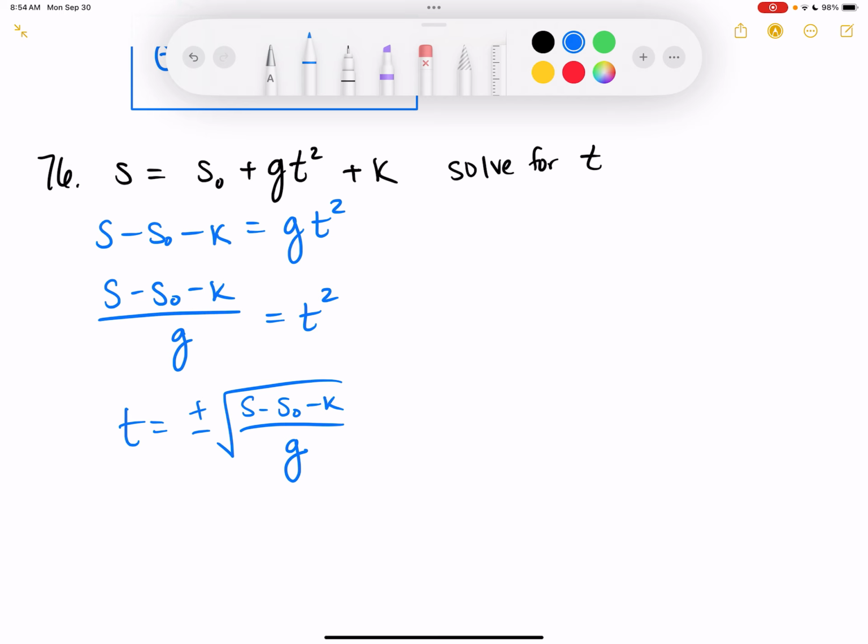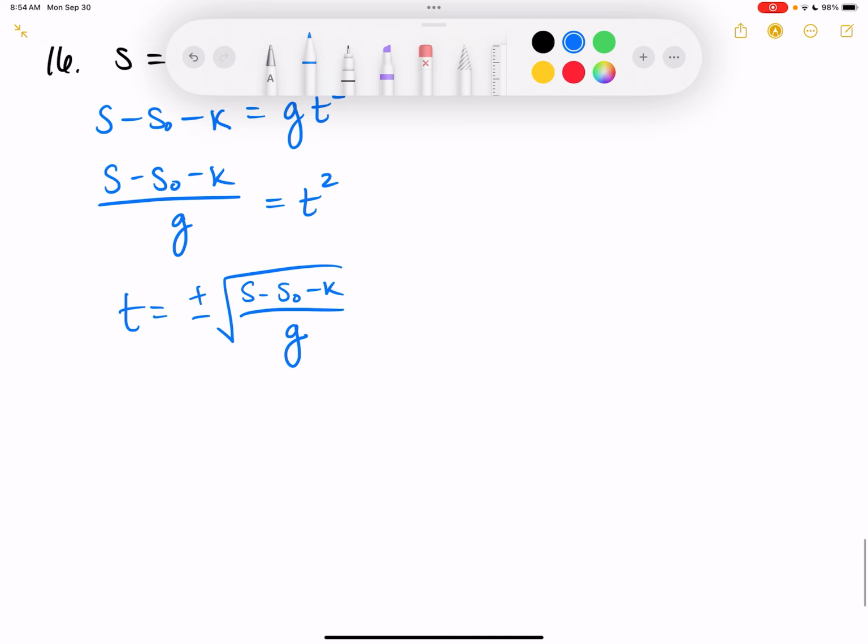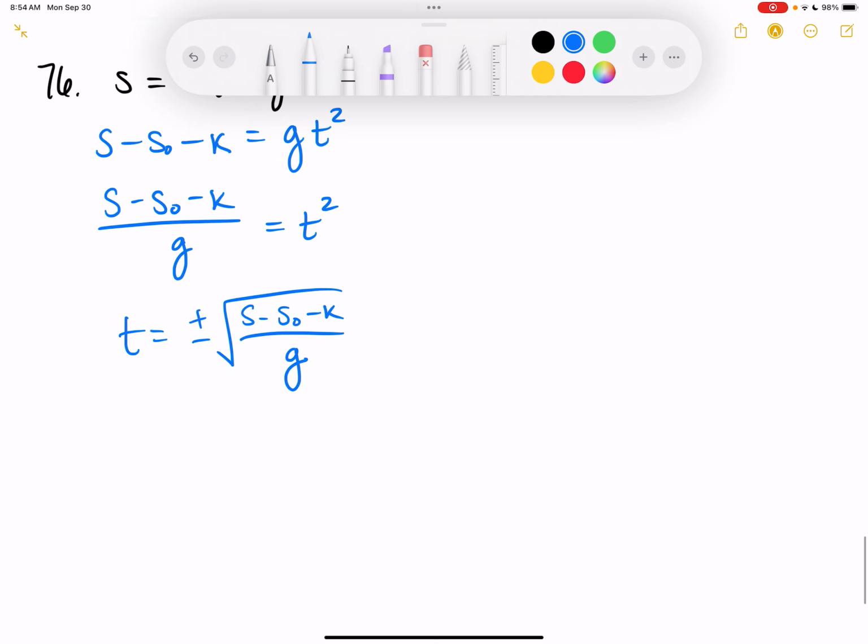So, let's do 86 to start. I've got 8x squared equals negative 14x minus 3.